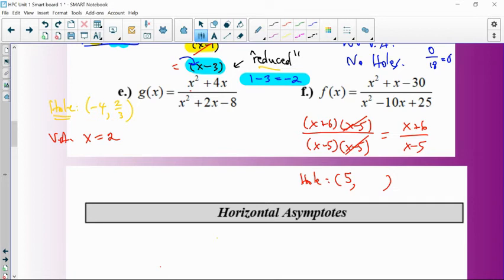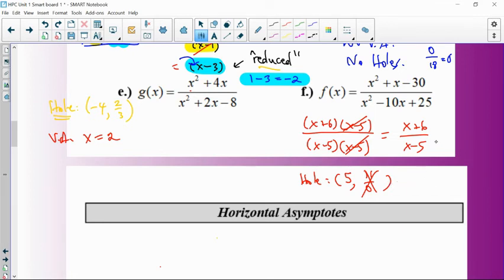Now, some of you see where this is going. When you try to put 5 into the reduced form, you get 11 over 0. 11 over 0 doesn't exist. 11 over 0 is an undefined number, not an indeterminate form, and it's undefined. And you can't represent a hole with an unknown y value. So here's a weird anomaly. Because this hole actually exists on the vertical asymptote itself, right?